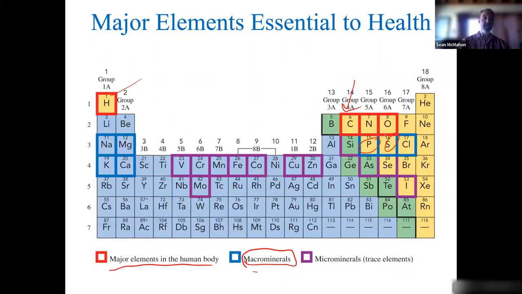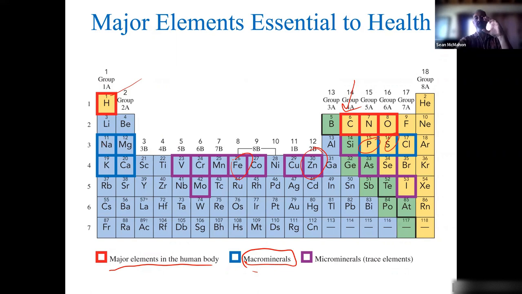A lot of these micro minerals like zinc and iron end up being what are called cofactors for a lot of your enzymes. Enzymes speed up reactions in biological processes. They're basically a catalyst, and they have active sites.